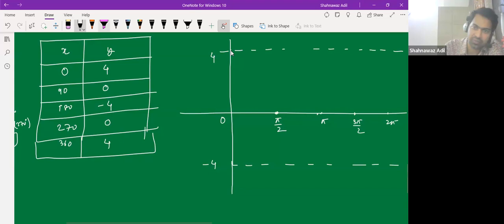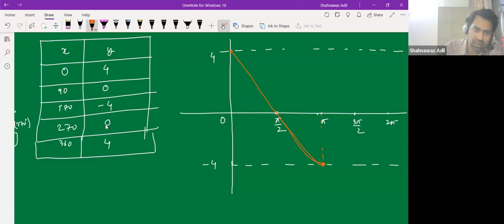In here we are starting. And at 90 we are going to 0. And then at 180 we are going again in here, so minus 4.